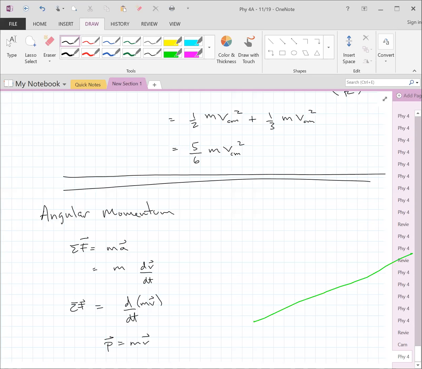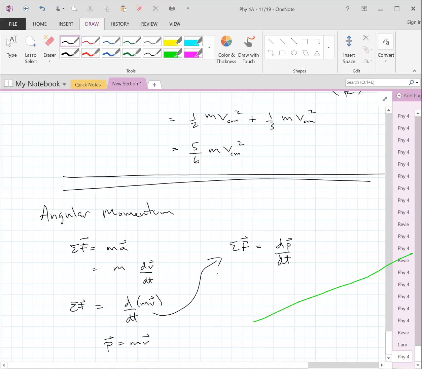Now we're going to do the same thing with torque. The sum of the forces is dp/dt, right? P is our momentum. I'm starting with this on my other side here.